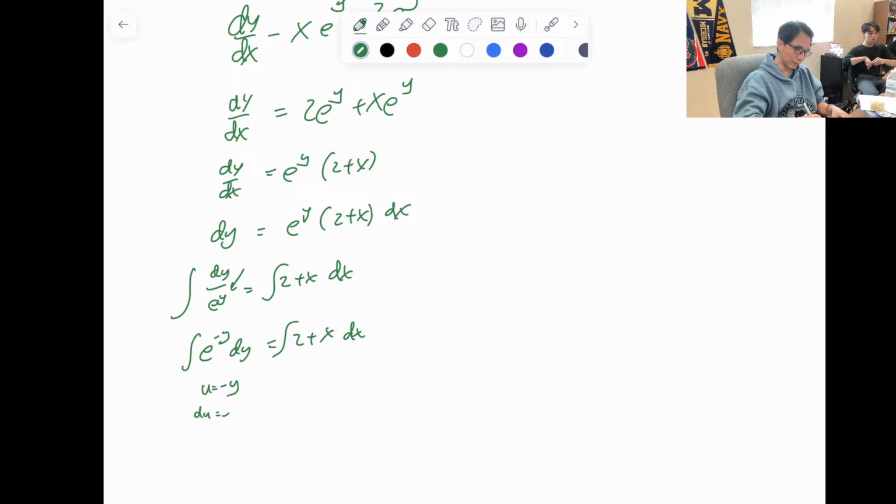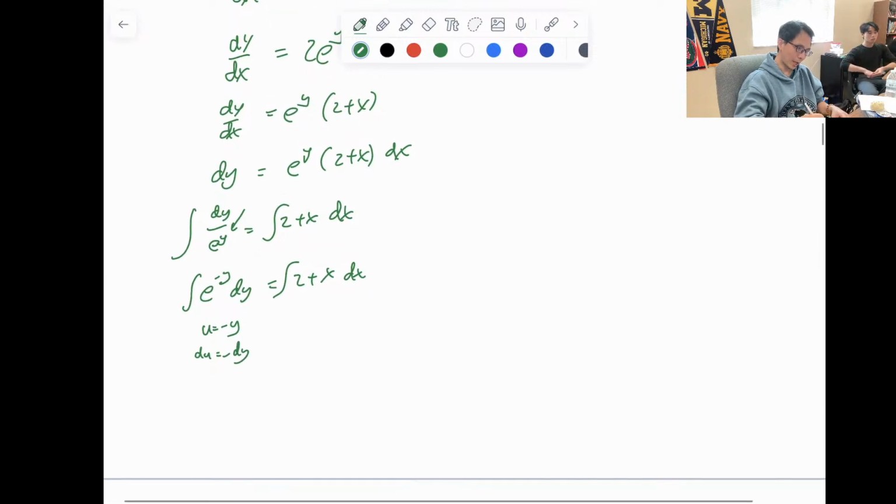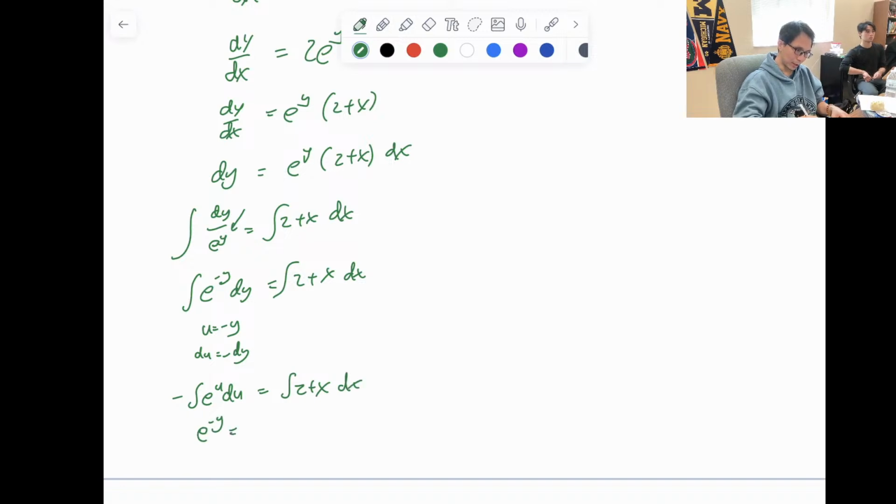du equal to negative dy. So that is going to be negative e to the u du equal to the integral of 2 plus x dx. So it'll be e to the negative y equal to 2x plus x squared over 2 plus c.